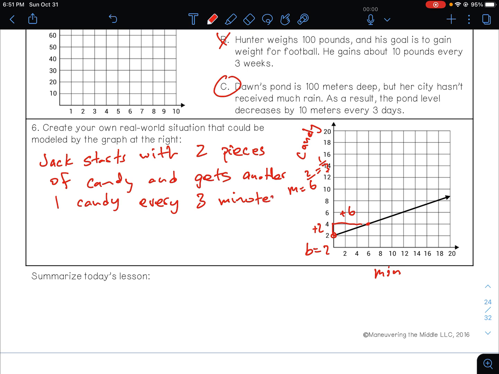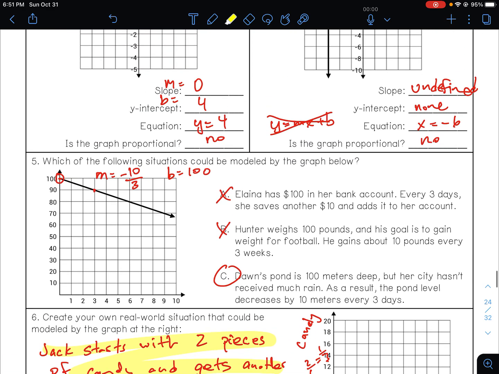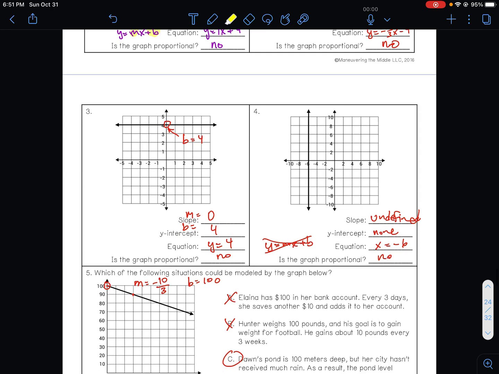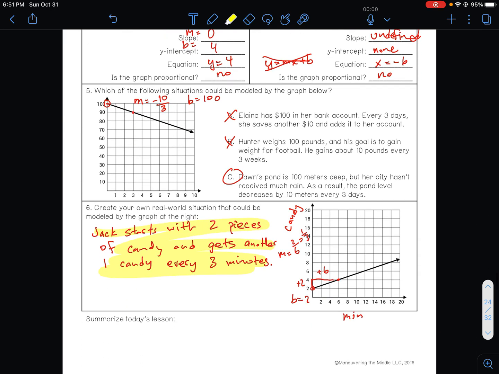Wow, that's a really slow rate. And that's our story. All right, so that is how you turn lines into equations. I'll go ahead and let you try some problems on your own.